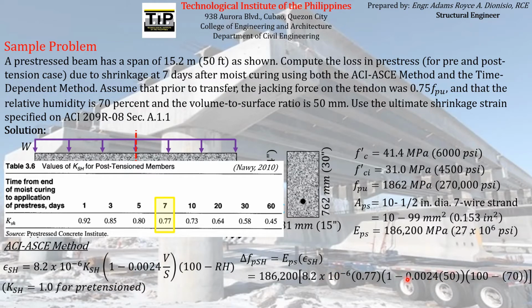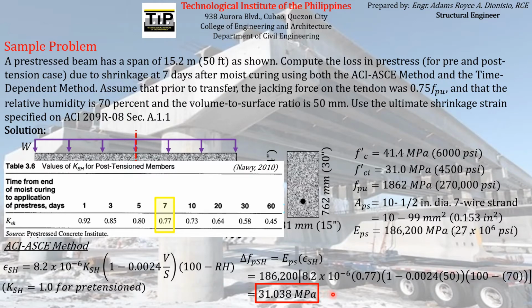So if we compute this equation, we can see that the pre-stress loss that will be experienced by the pre-stressing reinforcement because of the occurrence of shrinkage on the concrete will be equal to this magnitude here, 31.038 megapascal, which is obviously less than the one we computed for the pretension members.